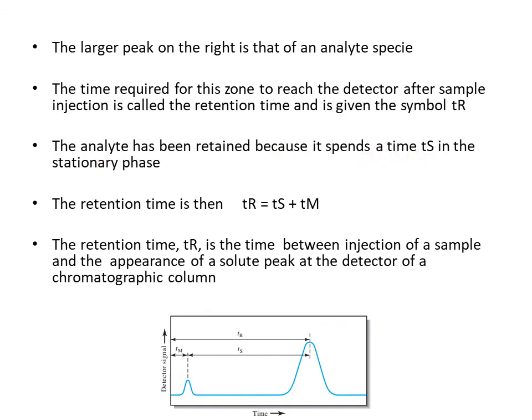So the retention time can be calculated as Tr equals Ts, the time spent in the stationary phase, plus the void time Tm. The retention time Tr is the time between the injection of a sample and the appearance of the solute peak at the detector of the chromatographic column.